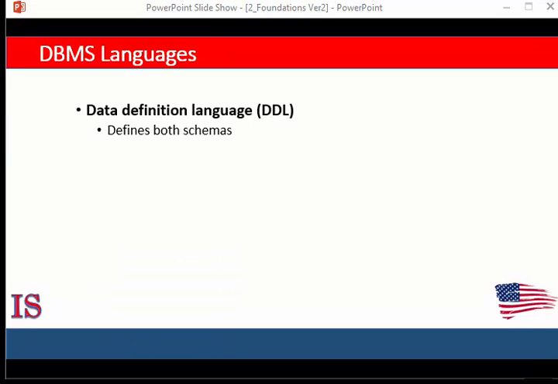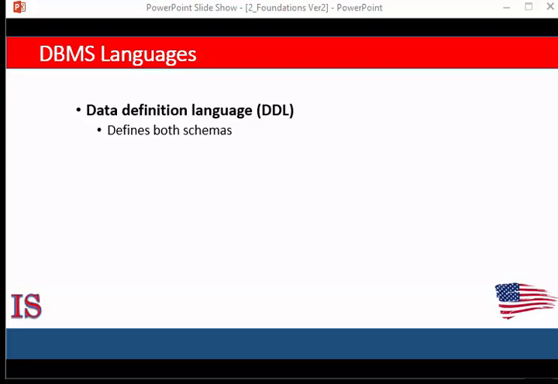Once the design of a database is completed and the database management system is chosen to implement the database, the first step is to specify conceptual and internal schemas for the database and any mappings between the two.